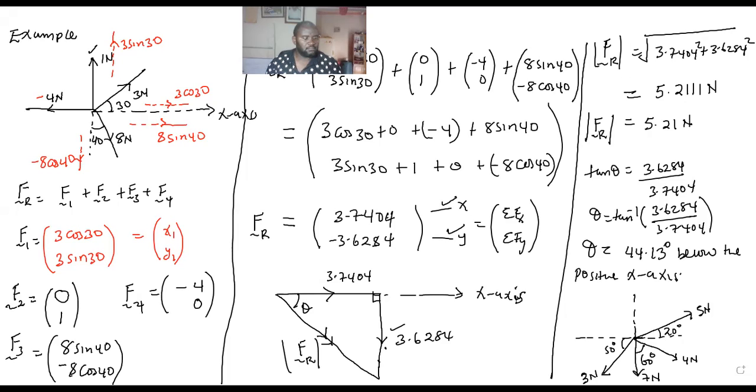Teacher, the angle on 3 newtons, is it 50 degrees or 30 degrees? The 3 Newton, it is 30. So you resolve horizontally and vertically.